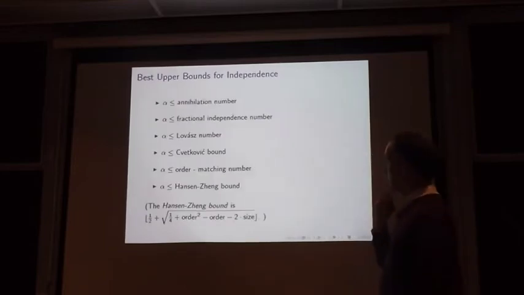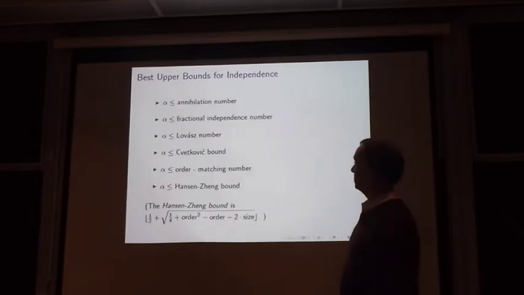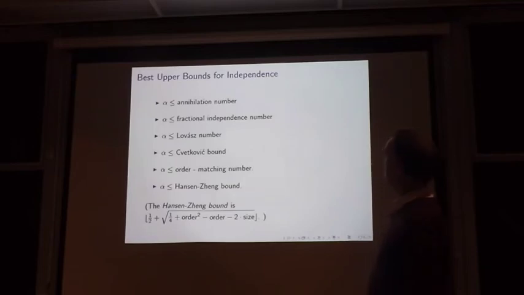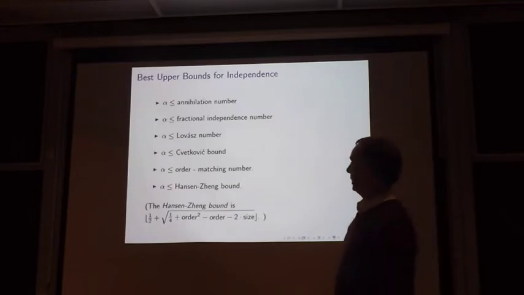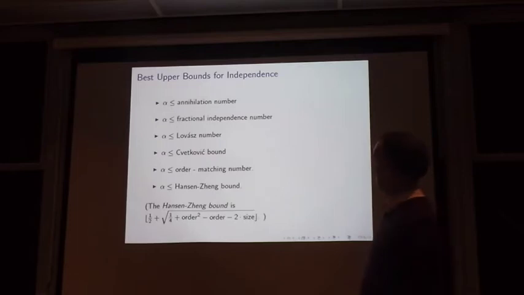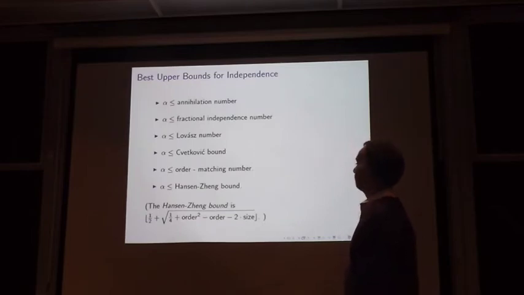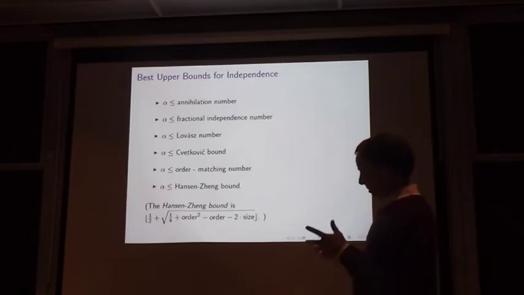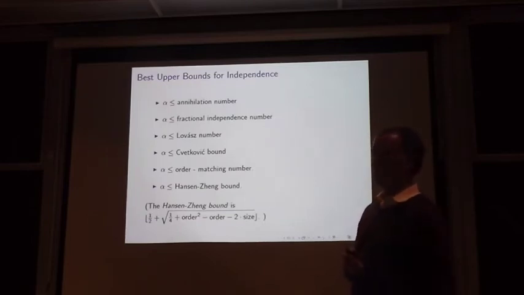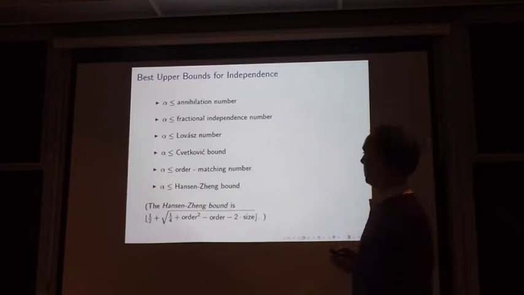And also we've collected a lot of upper bounds for the independence number from the literature. Again, these aren't best in any precise sense, but these are good ones in practice. And so we've coded these all as theory when we're doing our investigations for the upper bound of independence numbers.